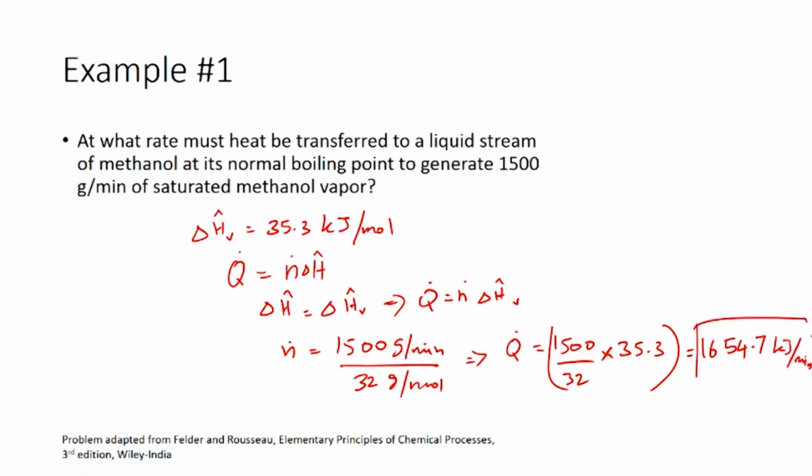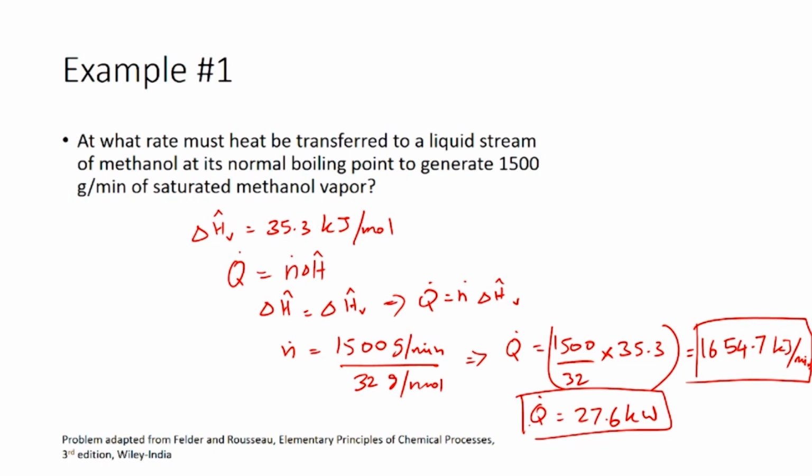This is the rate at which heat needs to be transferred for vaporizing 1500 grams per minute of methanol liquid to obtain saturated methanol vapor at its normal boiling point. This can also be converted to kilowatts by dividing it by 60. So, the kilowatts term would be 27.6 kilowatts.